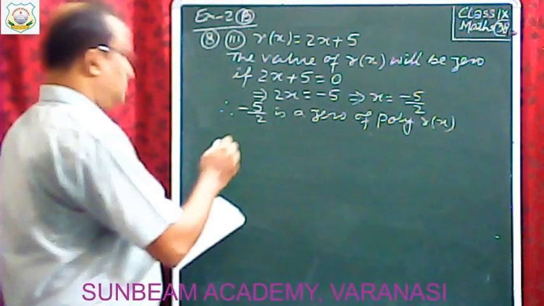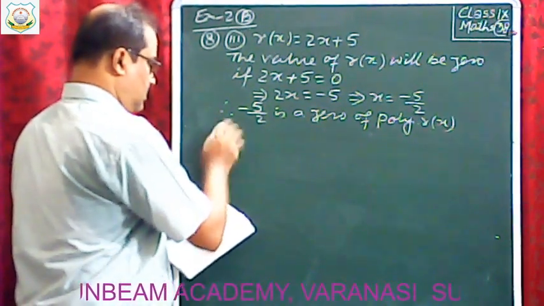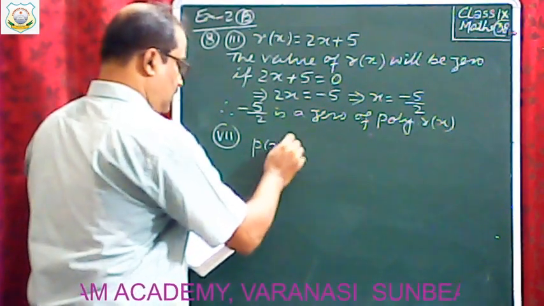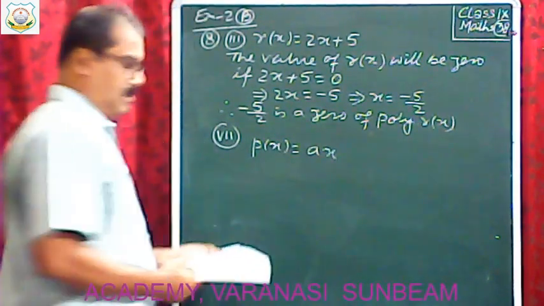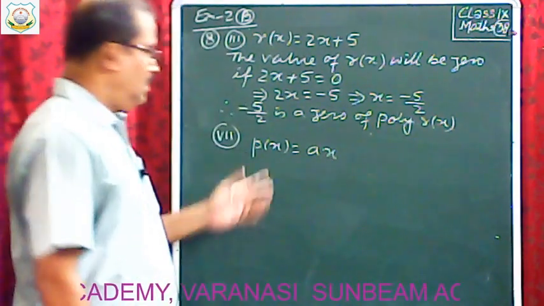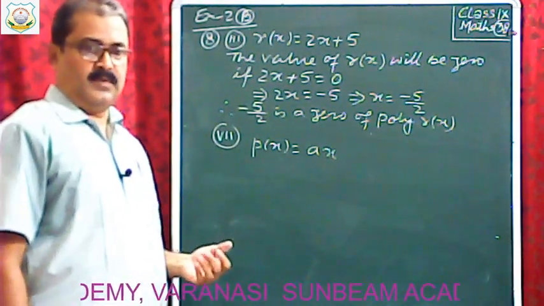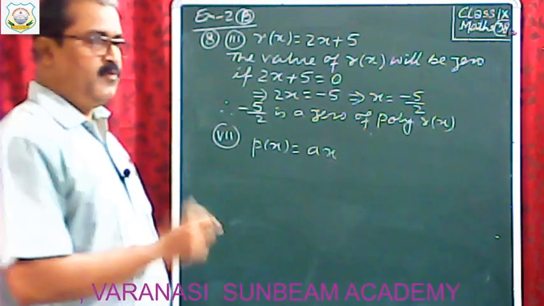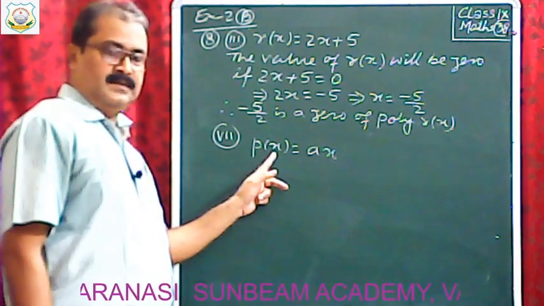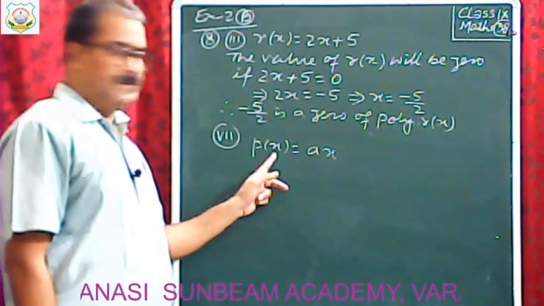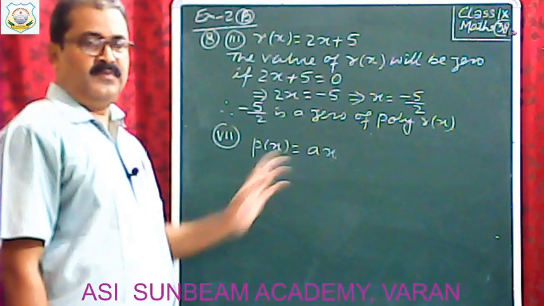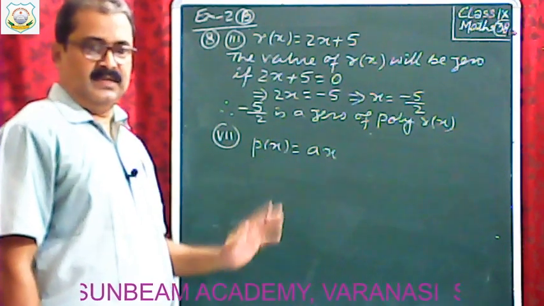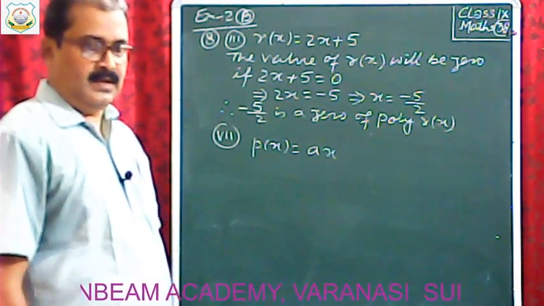Question number 8, suppose 7: P(x) equal to ax. All the given terms are literals. First of all you have to identify the terms of the polynomial. The polynomial must be in terms of x, and the other literal is maybe a real number.